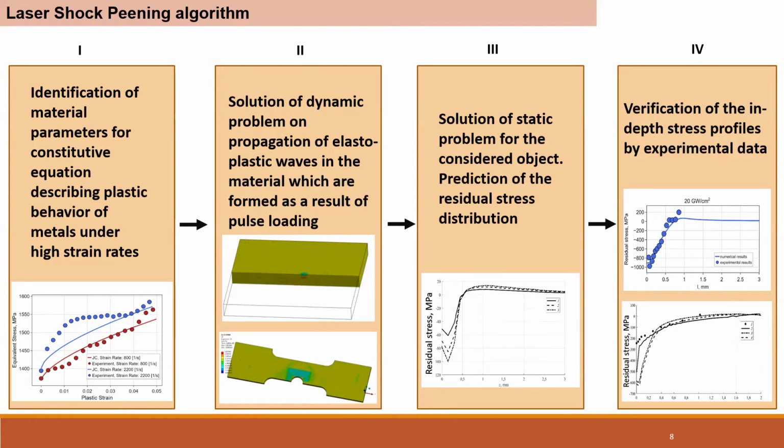We solved the dynamic problem for the first plastic wave accumulation. After that, we solved the static problem and received residual stress formation. After that, we verified our numerical results with the experiment that we received in the hole drilling method.